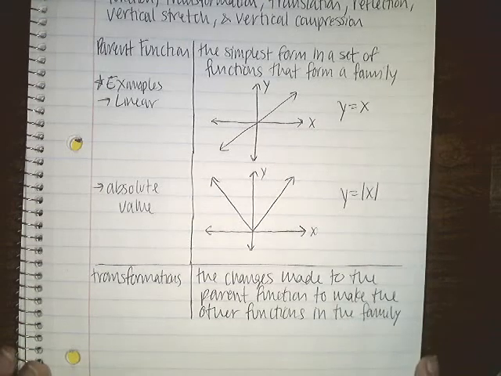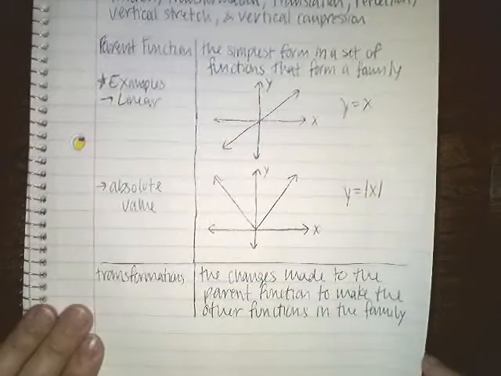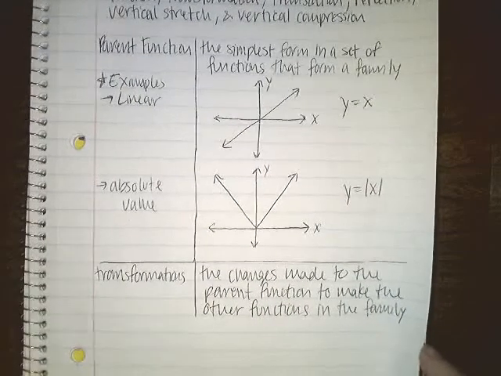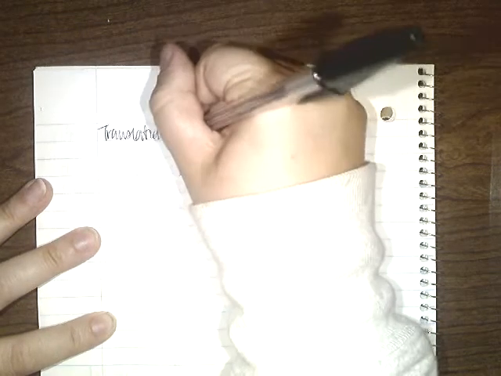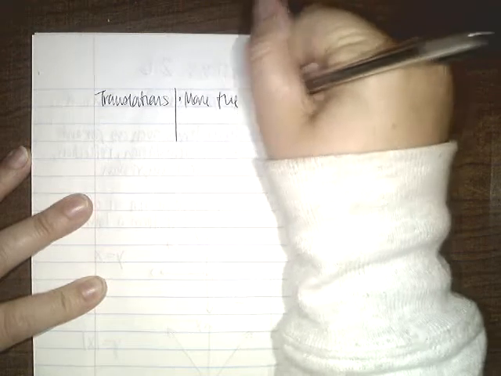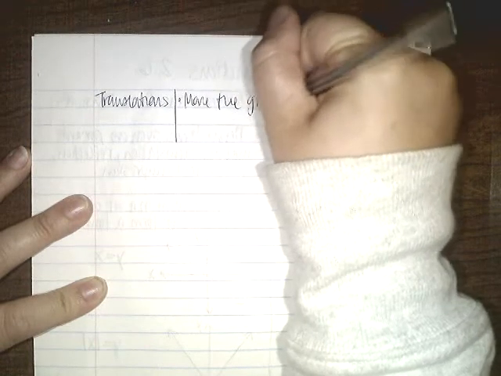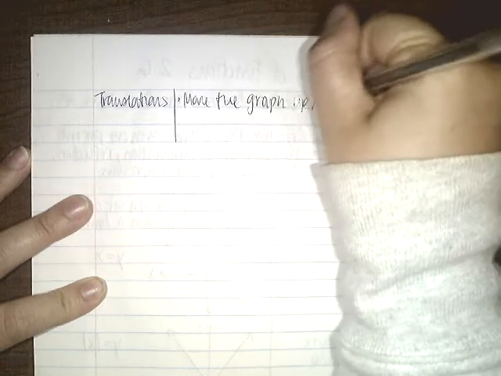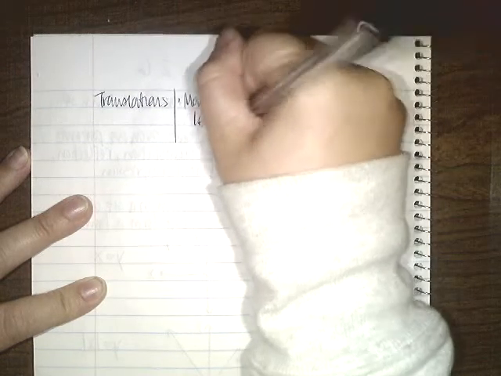So I'm going to flip the page so we have plenty of space for our examples of transformations, the first of which will be translations. So translations slide or move the function or the graph up or down, or left or right.